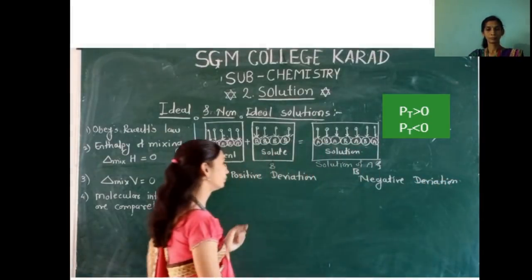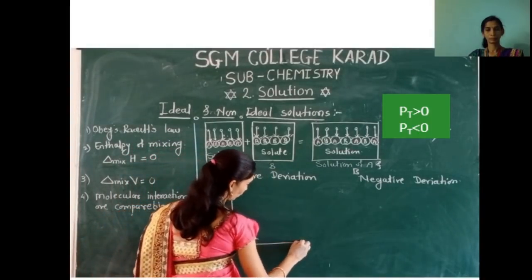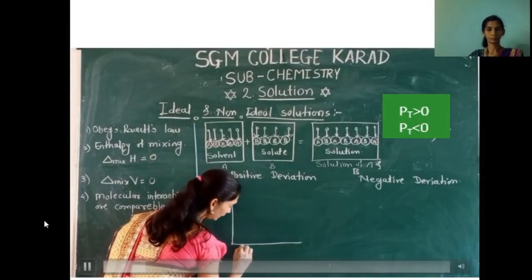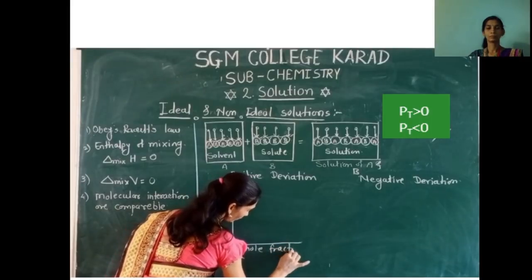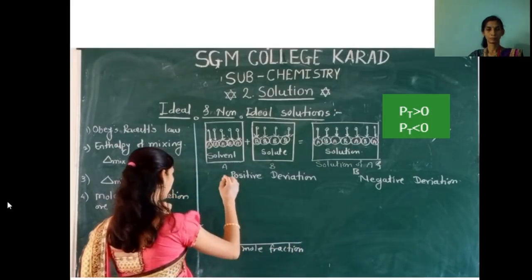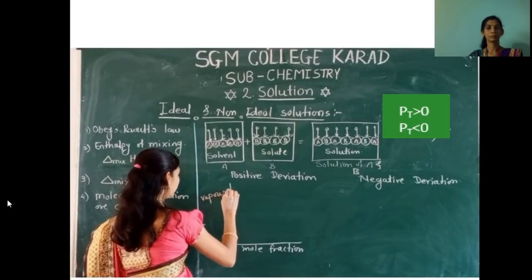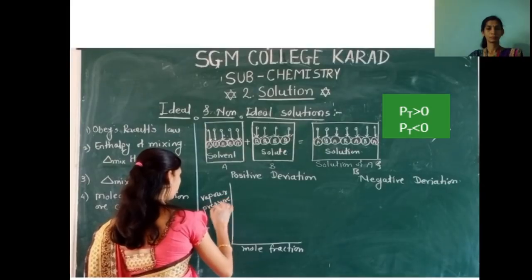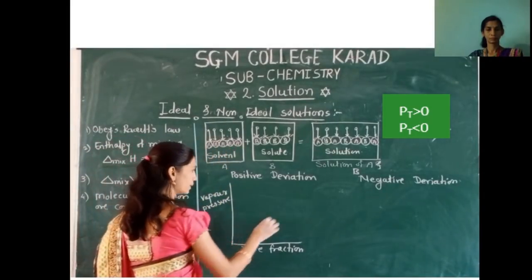We see here, for that graph we draw the mole fraction on the x-axis and we take the vapor pressure on the y-axis. We draw the graph for A and B simultaneously.